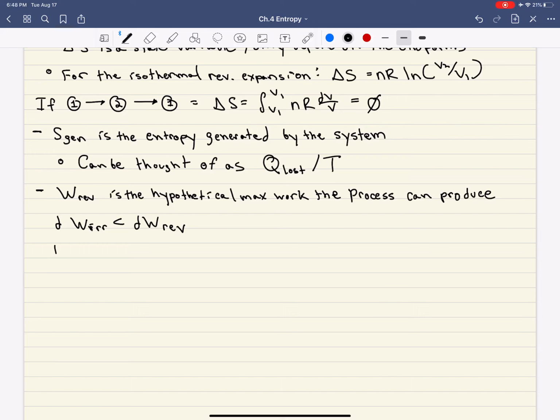If we take dW reversible and subtract off dW irreversible and divide it by temperature, that would be equal to dQ lost. That difference between the works would be equal to dQ lost, and this heat is lost to the surroundings.